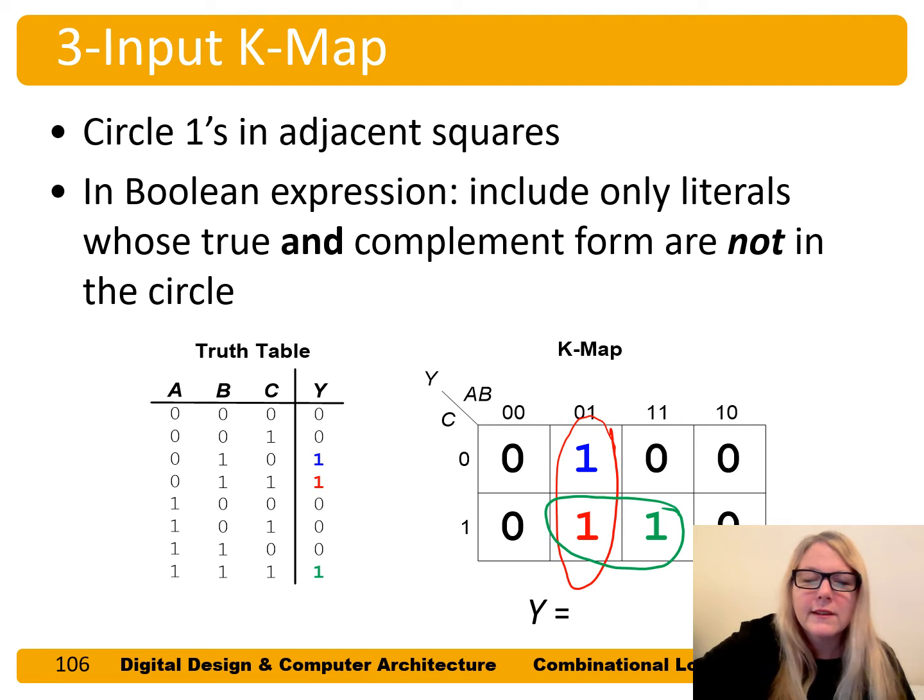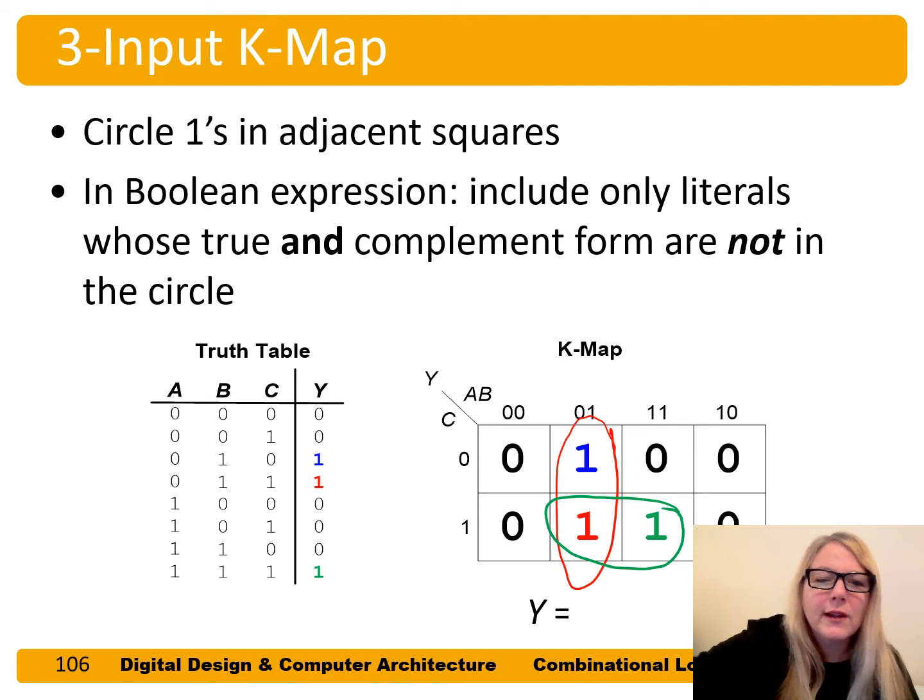And that's effectively, right, our min terms here are a bar, b, c bar, a bar, b, c. And so we can clearly combine those two terms. They are the same in a bar, b, differ only in c. And here we have a, b, c.